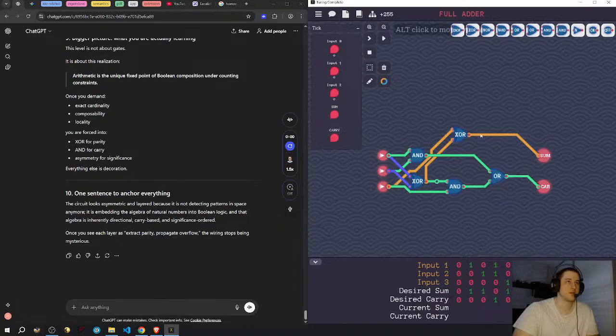Then the sum goes directly here, and it propagates through this. The sum of these two propagates the carry through this signal, and the third input propagates the carry of the sum of these two, or the result of this with this one. Yeah, that's what's going on, I think.